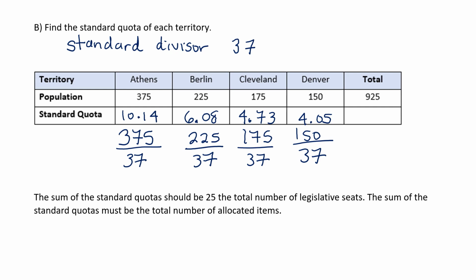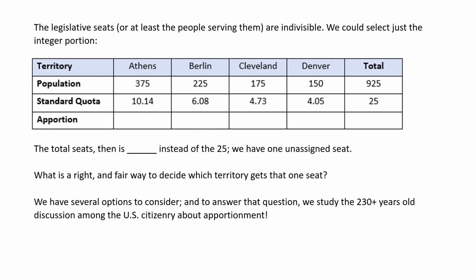The sum of the standard quotas should be 25, which is the total number of legislative seats. The sum of the standard quotas must be the total number of items allocated. The legislative seats, or at least the people serving them, are indivisible. We could select just the integer portions.